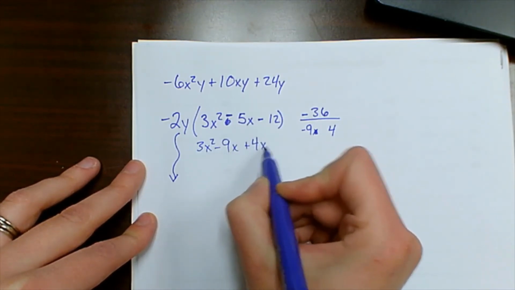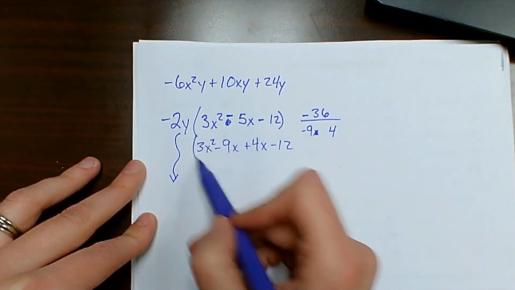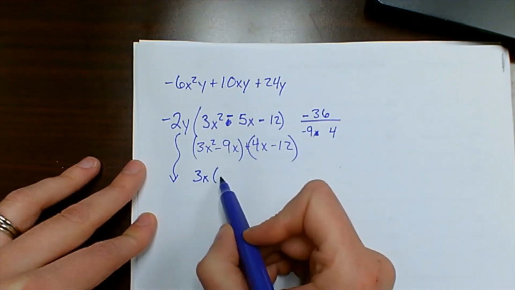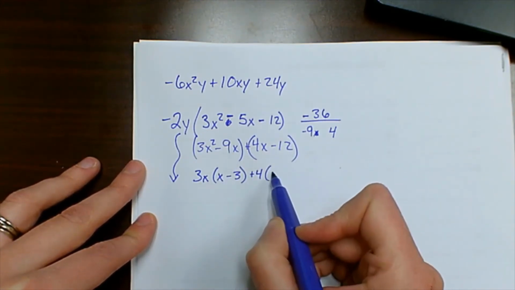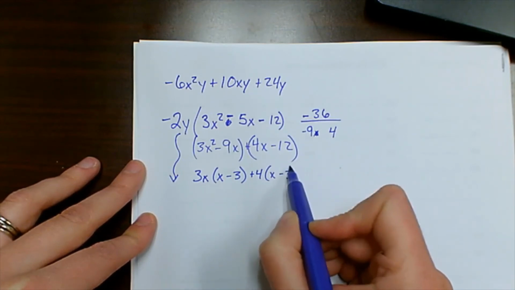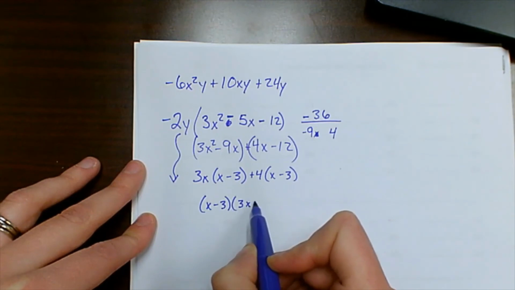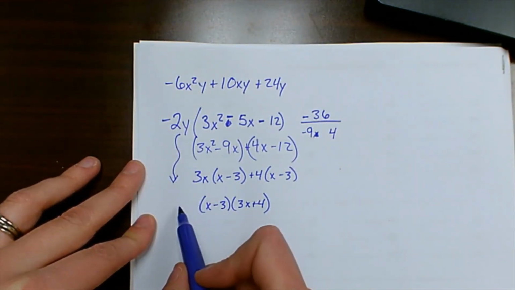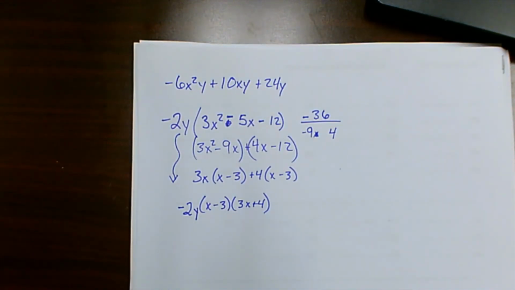So we are going to rewrite that middle term into our two factors. Factor by grouping. And I'm not finished because I have this negative 2y to add to the front.